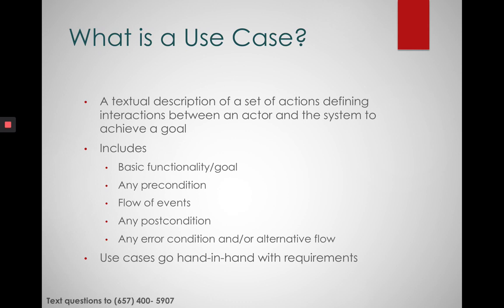And a post condition, this kind of captures the contract or the guarantees that will hold at the conclusion of the use case. And then use cases should also always specify any kind of error conditions, what happens if something goes wrong, or alternate ways to accomplish the same goal. And like I said, use cases go hand in hand with requirements. They can be used to express requirements. They're usually used in conjunction with requirements documents.